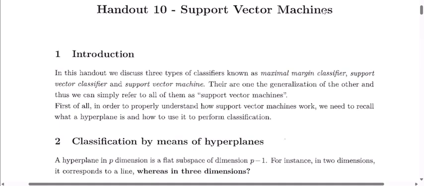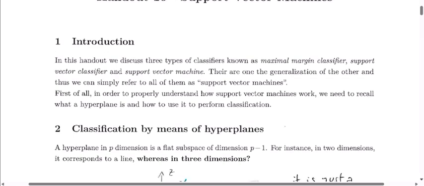We want to focus on classification here, and to be able to classify, we normally identify a kind of threshold, but here we're going to make use of what I call a hyperplane. The hyperplane is what we're going to use in performing the classification.